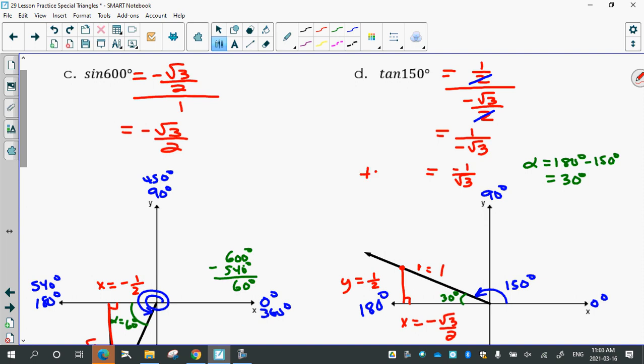So that's the exact value of the tan of 150, and then you can check that with your calculator. Tan of 150, negative 0.57735, and then negative 1 divided by root 3. Same.